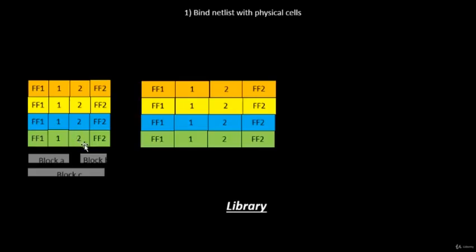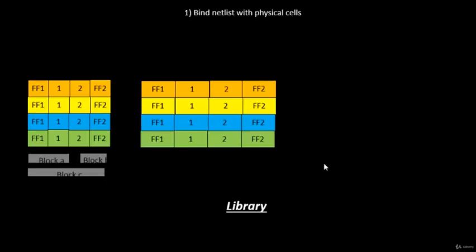This particular cell, let's say 2, functions as an AND gate, but it will be slightly bigger in size. The second difference between this AND gate and that AND gate is that since it is bigger in size, it will have a least resistance path, so it will be faster compared to this one.